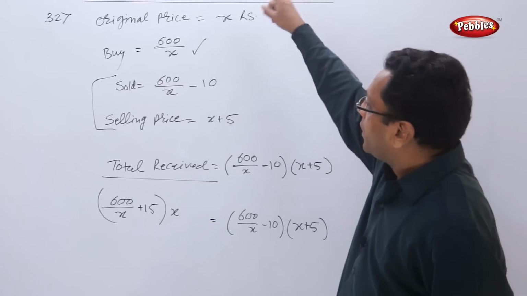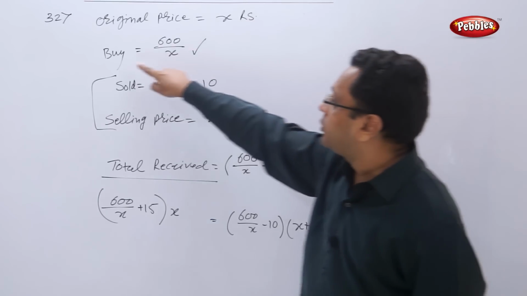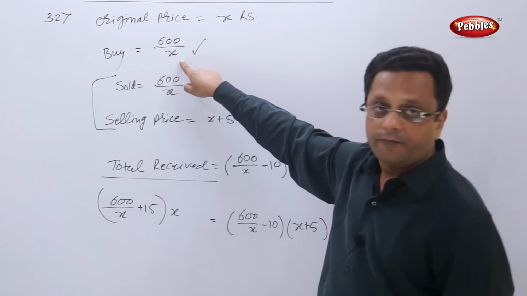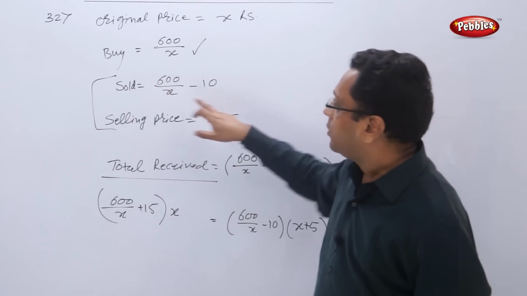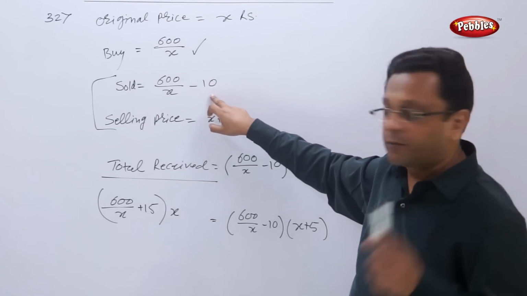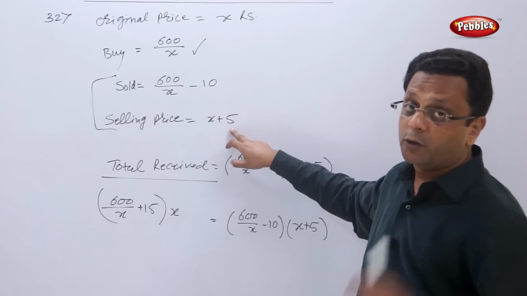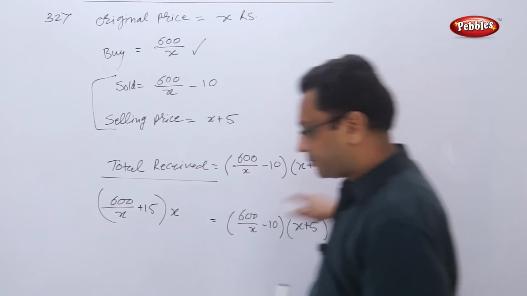Again, the original price of the item was x, so he bought 600 upon x items. Okay, now he sold 10 items less, so this minus 10, and the selling price was x plus 5 because 5 rupees was profit. So by selling, how much amount did he get?